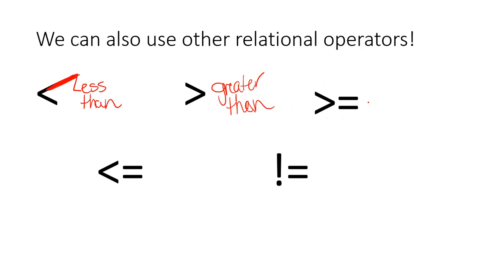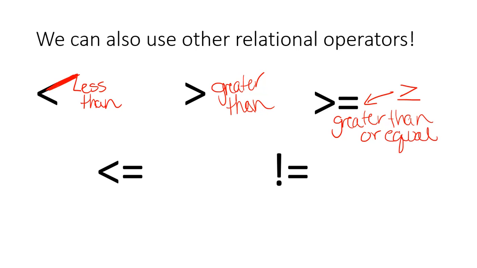This one, you probably recognize looking like this, but this isn't on our keyboards, so we can't type that. So what we type instead for greater than or equal to is a greater than sign and an equal sign. Kind of makes sense, right? This one is less than or equal to.